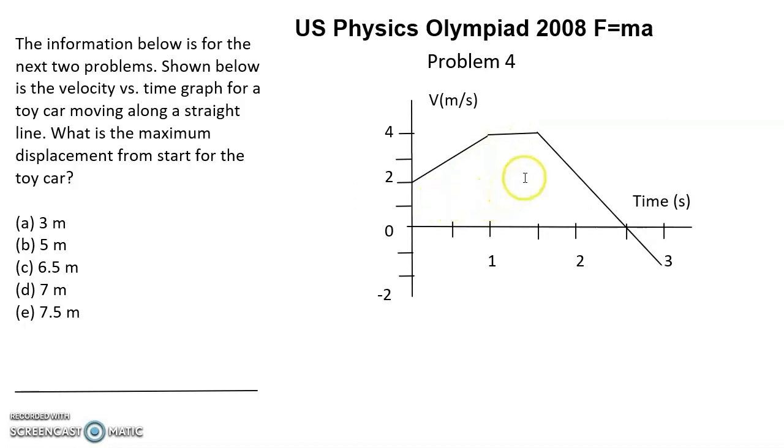Total is 5. And last is triangle from 1.5 till 2.5. So base is 1 and the height is 4. So total area for this triangle is 2. So total is 3 plus 2 plus 2, which is 7. Correct answer is D, 7 meters.